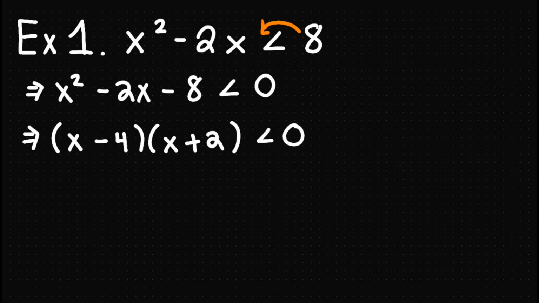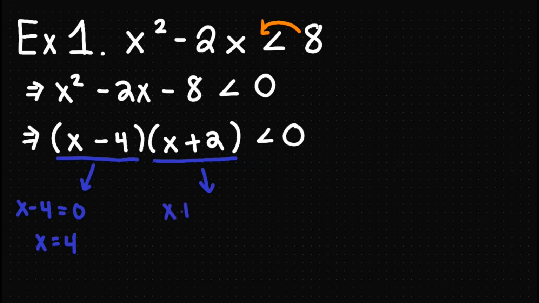And now here we have our two factors. We have this first factor and second factor. We now get the critical points for each of these factors. Similar to how we did in the illustration, we'll equate this one to 0. So x minus 4 equals 0 will give us x equals 4.